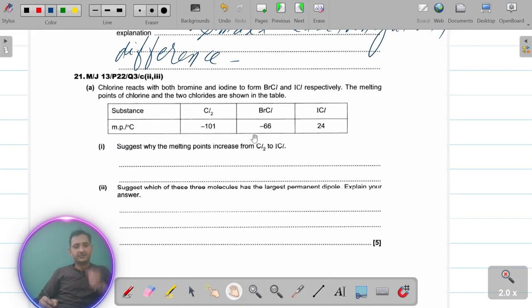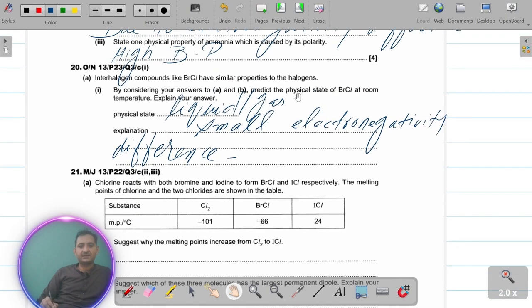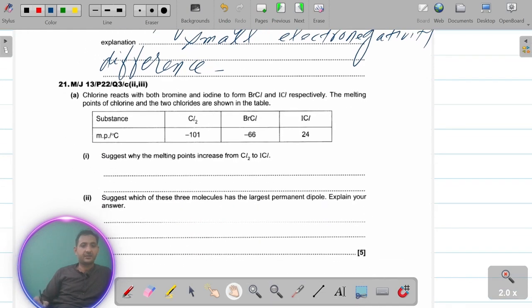The next question gives the melting point of BrCl as -6 and ICl as 24. Yes, BrCl is a gas, since the melting point is minus, so it is a gas, not a liquid. ICl could be in a liquid state because its melting point is 24. Why does the melting point increase from Cl2 to ICl?